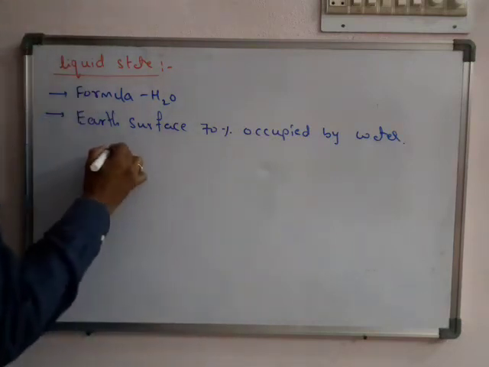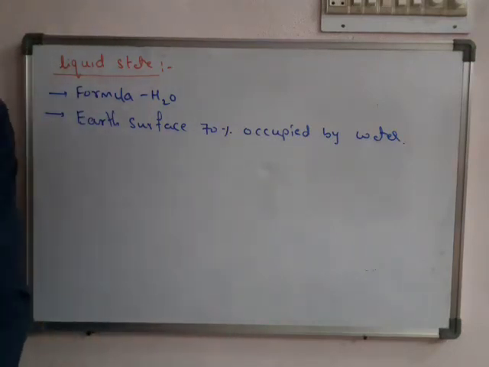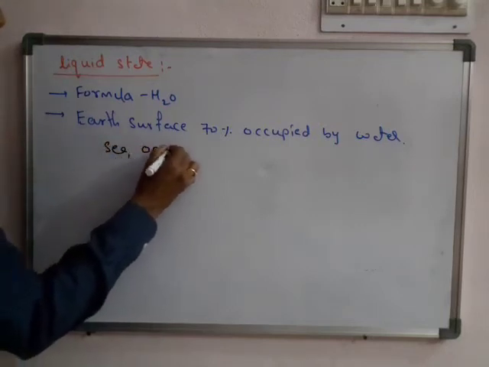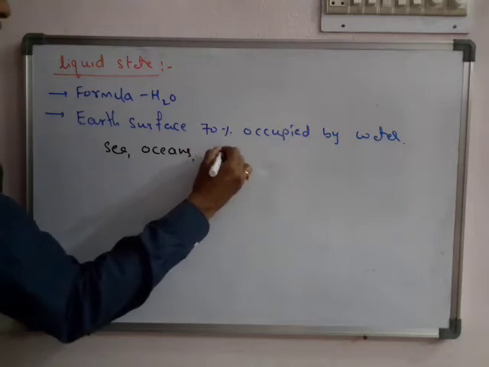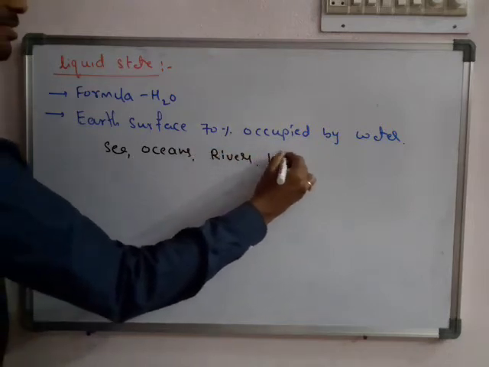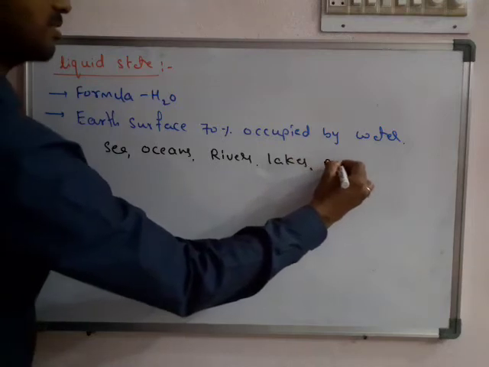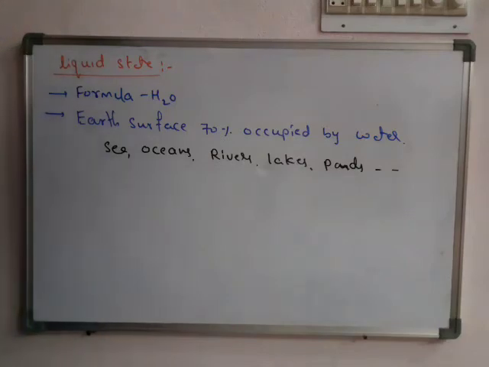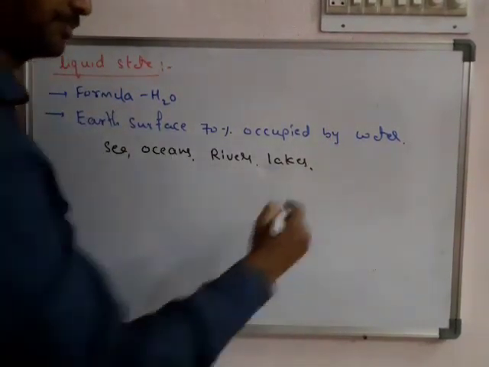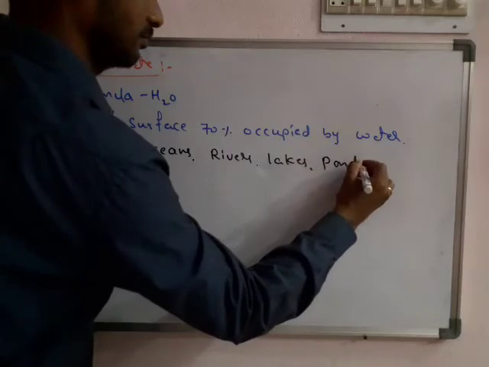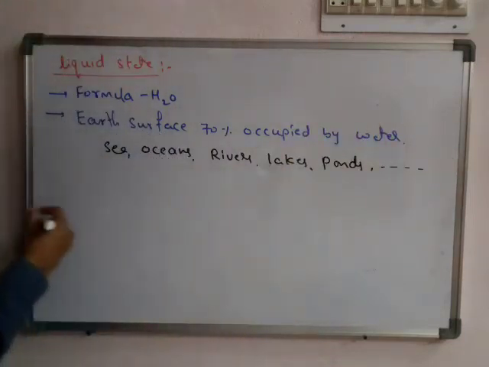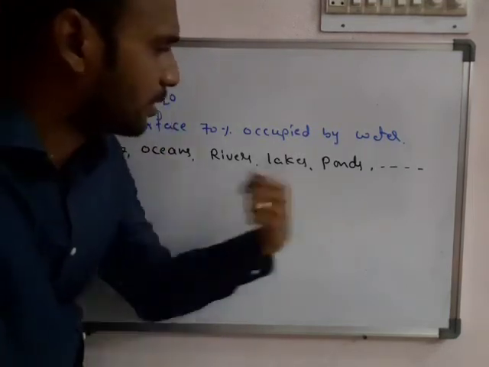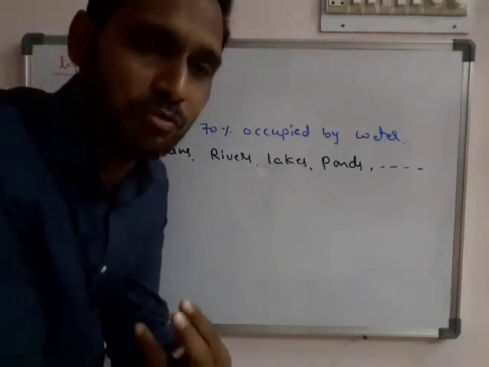How is it? It is in the form of seas, oceans, rivers, lakes, ponds, glaciers, etc. We can write many. But is the water present in all these places suitable for drinking purposes?